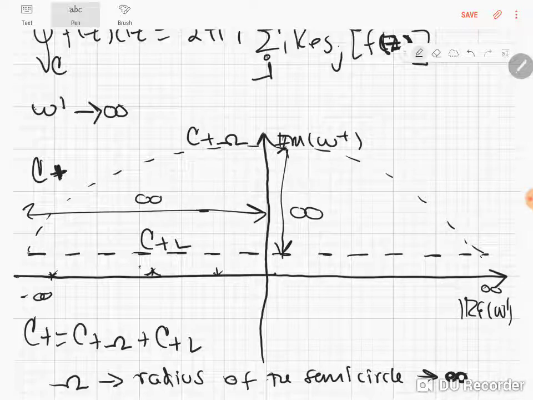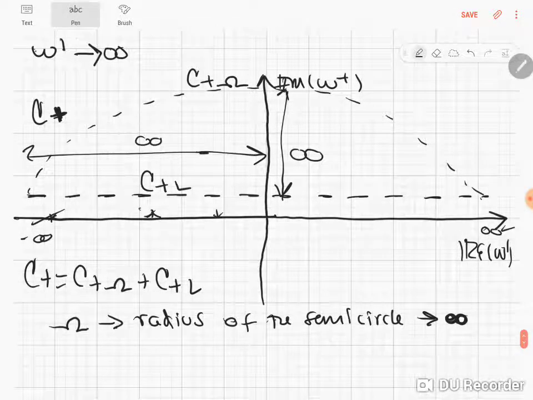That's why we need a semicircle, because we are integrating from minus infinity here to plus infinity here in the real omega. Now the omega prime is just the analytical continuation variable that we have to choose, and it has to be large enough, okay? Now, this is for t less than 0, because we choose omega prime to be positive and large.